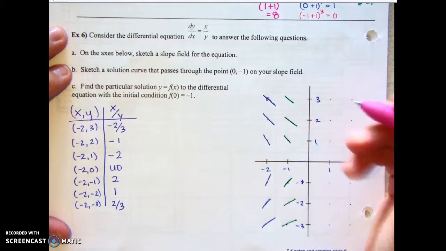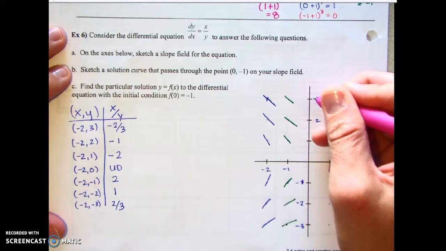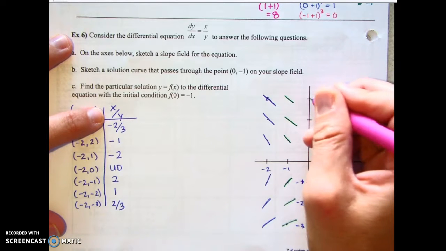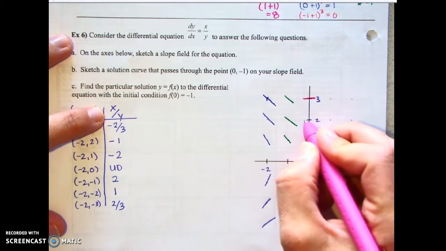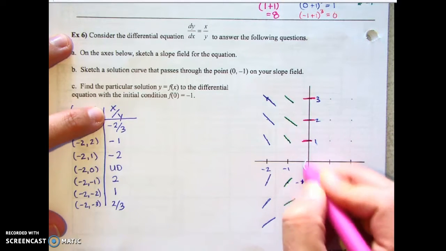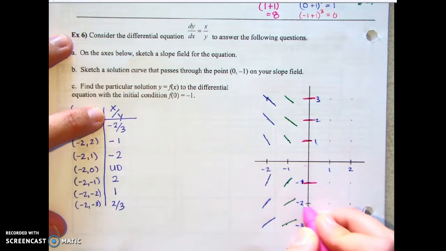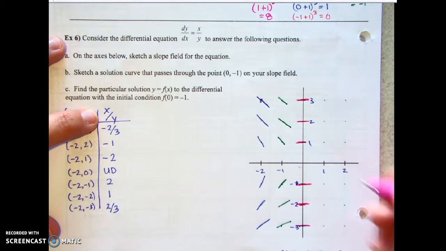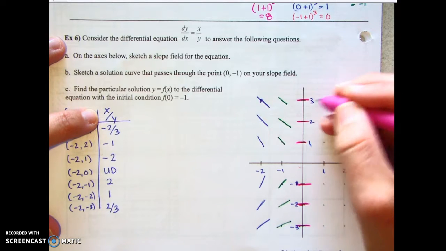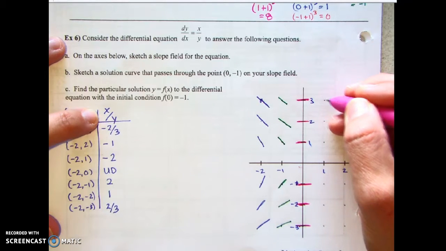Let's keep going. 0 divided by 3 is 0. 0 divided by 2, 0 divided by 1, 0 divided by 0 is undefined. 0, 0, 0. And here we go with 1. Now we have 1 divided by 3, but it's positive.